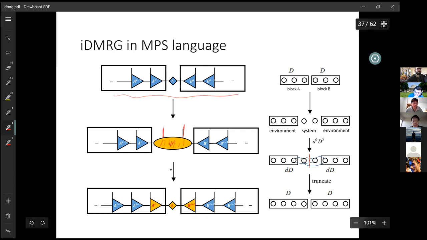We do this also using the diagonalization of the Hamiltonian matrix, very similar to the finite DMRG problem. After this, we just do a singular value decomposition and make it into three pieces, and you absorb the triangular tensor to the left and right to form a new block basis. And you can go to the next round of iteration.